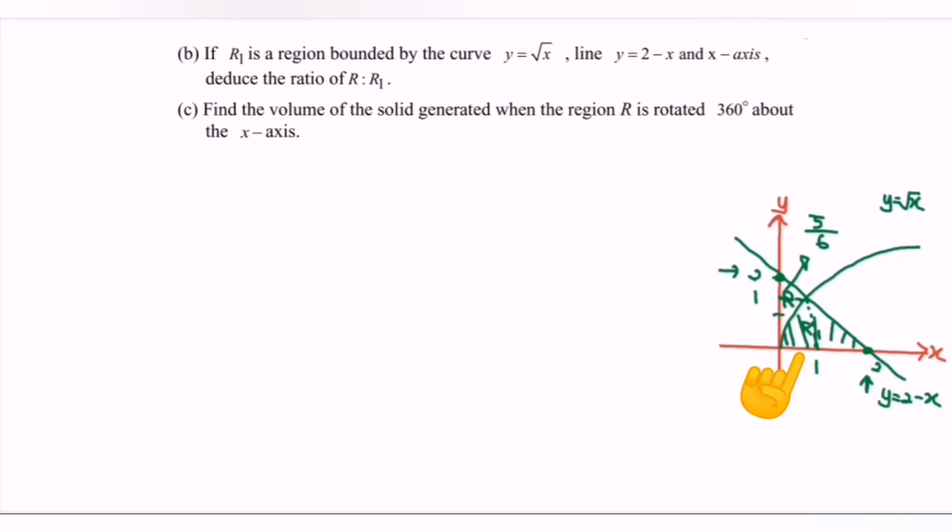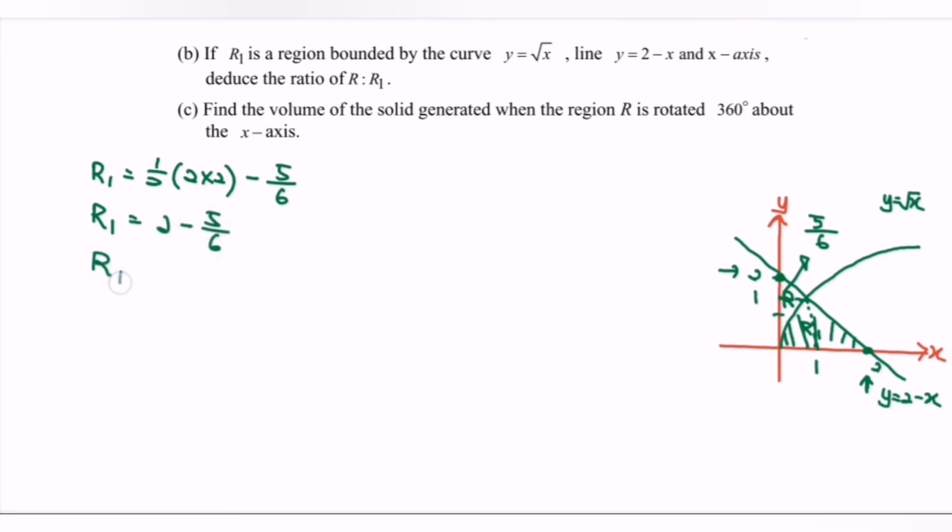So my suggestion is area for R1 equals the triangle minus the region R. So we have 1 over 2 multiplied with 2 multiplied with 2, minus 5 over 6. So the region R1 equals 2 minus 5 over 6. So the area for region R1 will be equal to 7 over 6.